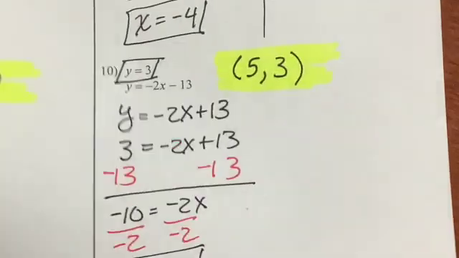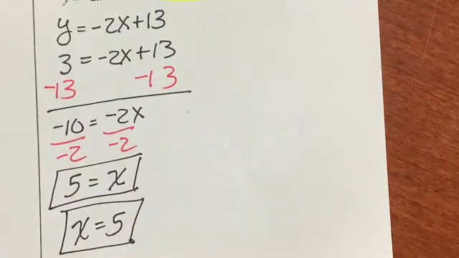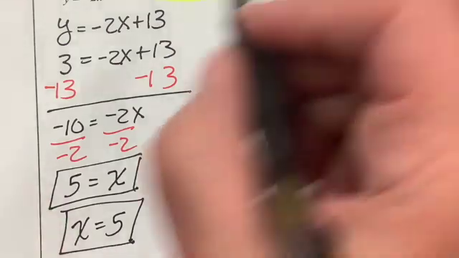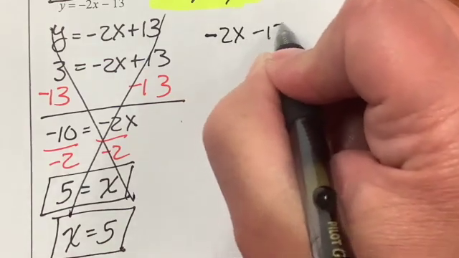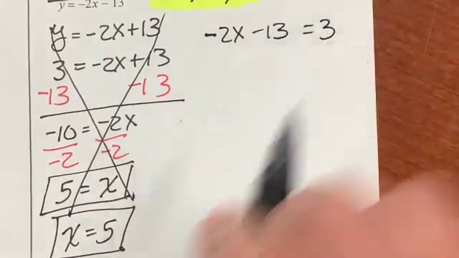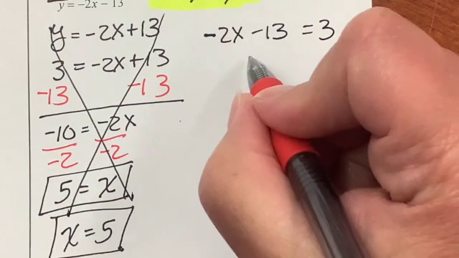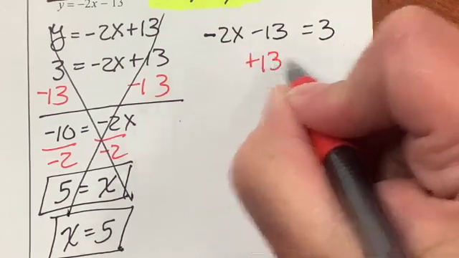Y equals, I was going too fast and I messed up the problem. All right, let's fix this. Wrong, wrong. Negative 2x minus 13 equals 3. I'm adding 13 to both sides. See, I lost my sign.